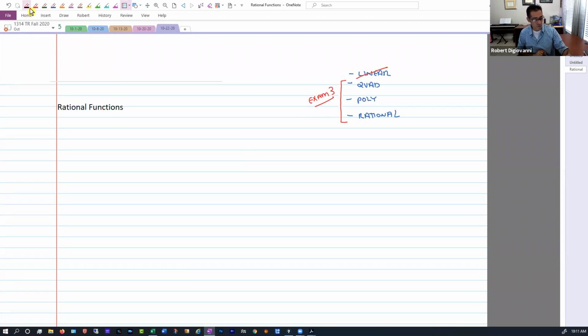What is a rational function? What do they look like? Well, they're actually very simple to define. A rational function is a polynomial divided by another polynomial. We just studied what a polynomial is.